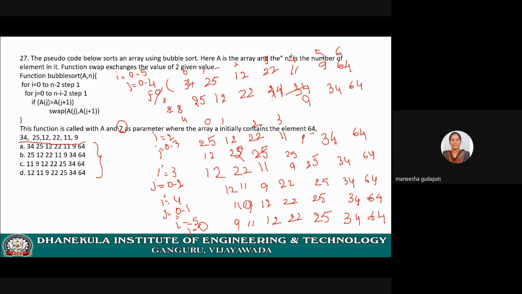So what is the correct answer here? The correct answer is 9, 11, 12, 22, 25, 34 and 64, which is not present in these options.